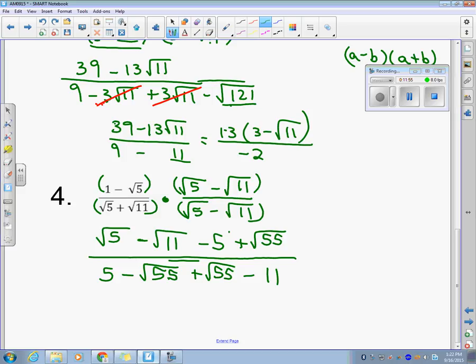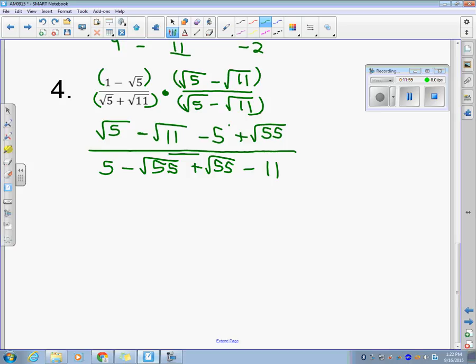Okay, so I skipped a couple of steps there because I thought you were ready for that. These terms cancel because they're opposite. Like terms are a problem up here because these terms are not alike, are they? So they have to stay separate when they're not alike.